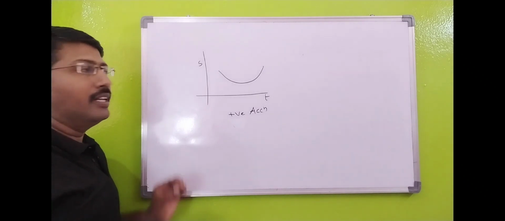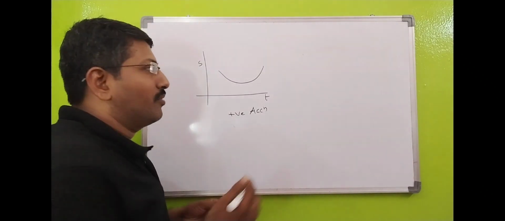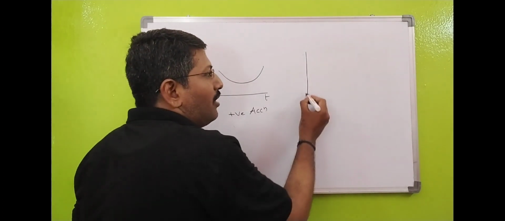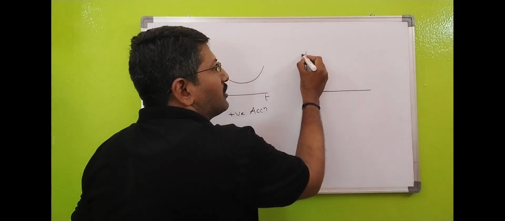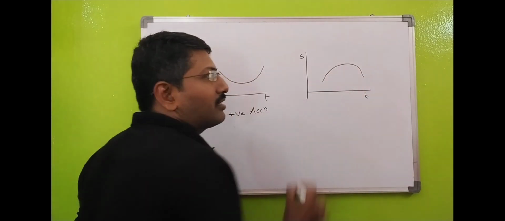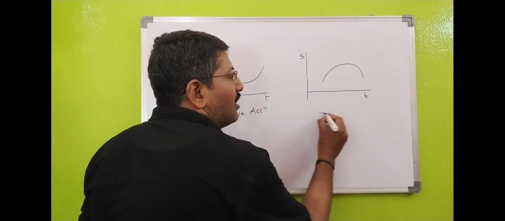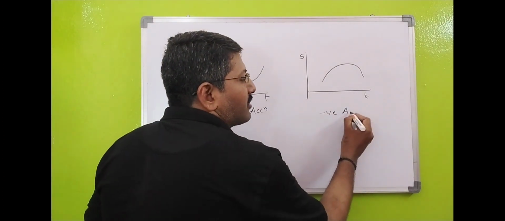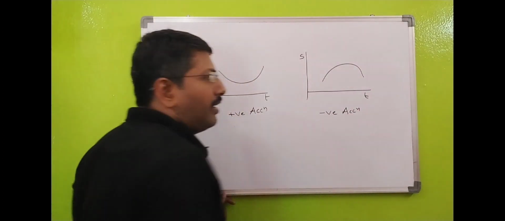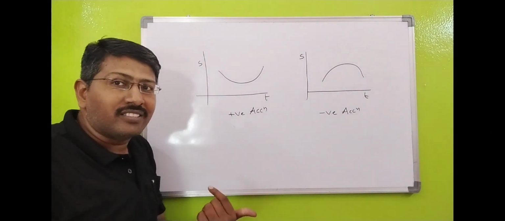Smile means positive. Next, if you get, anywhere, this displacement-time graph with a sad symbol, that sad symbol represents negative acceleration. Smiley, positive acceleration; sad symbol, negative acceleration.